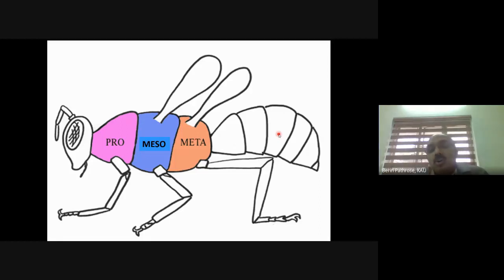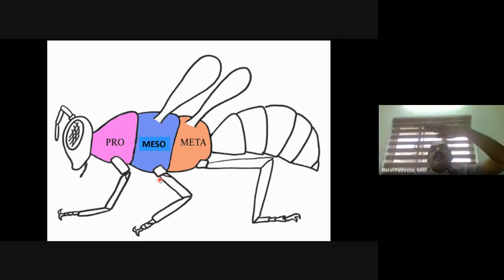It's not actually called pleuron or tergum or sternum as such. It is actually that the insect body is sclerotized. The dorsal part of the insect body is sclerotized into a plate-like structure. The lateral part is sclerotized, hardened into another plate-like structure, and the ventral part is sclerotized into another plate-like structure.